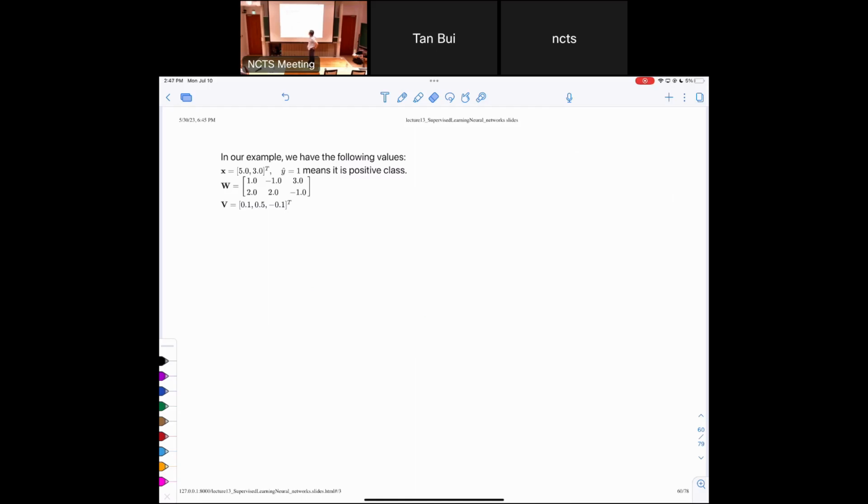So W we also know, and V we suppose that we also know, and actually that's not a restriction. Why can I suppose that I know W and V currently? Without loss of generality, I can assume that I know the weights and biases of all layers now.